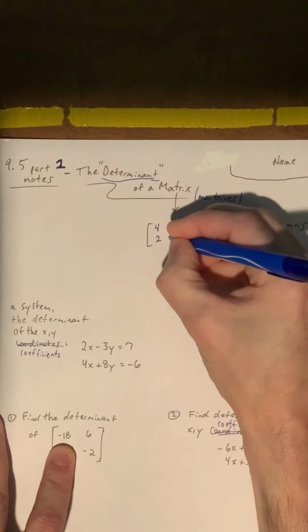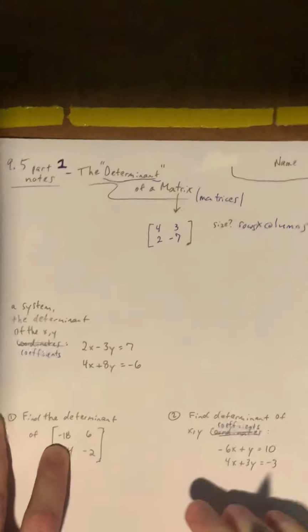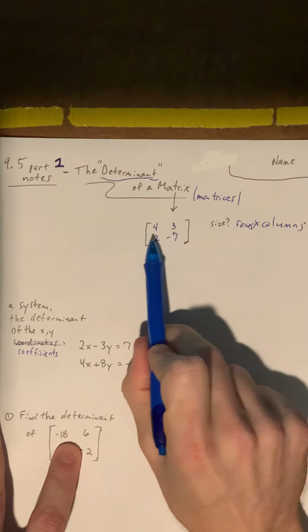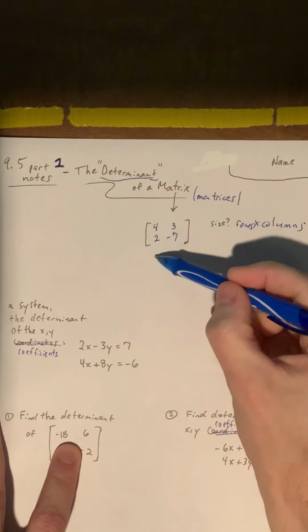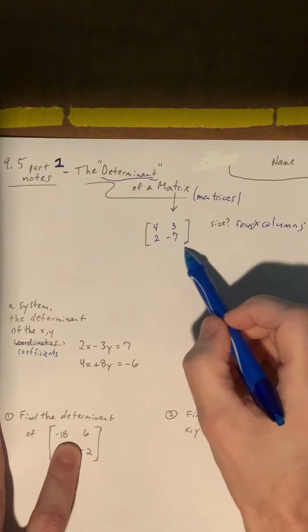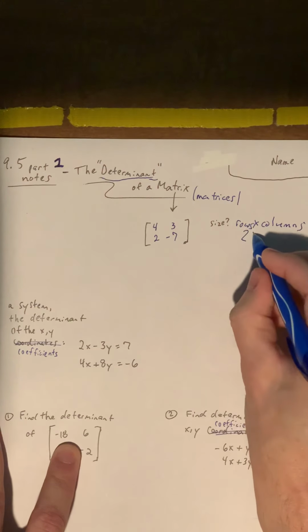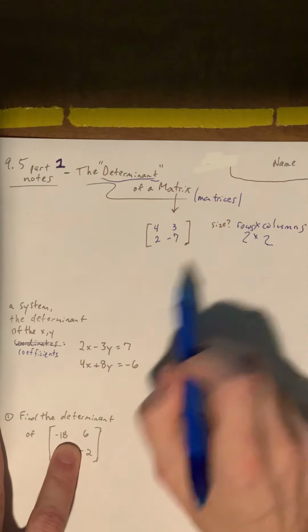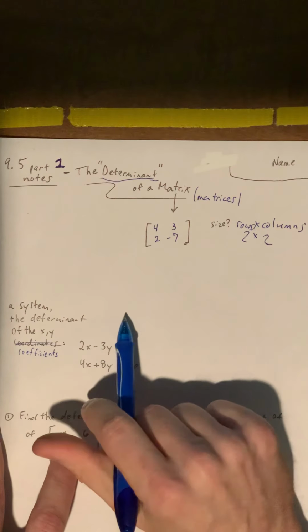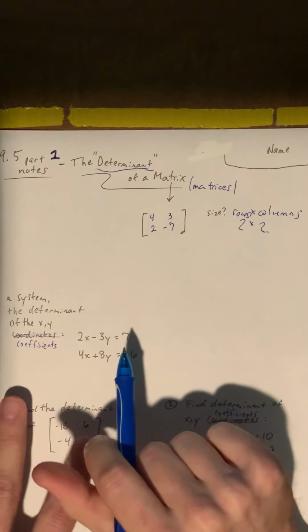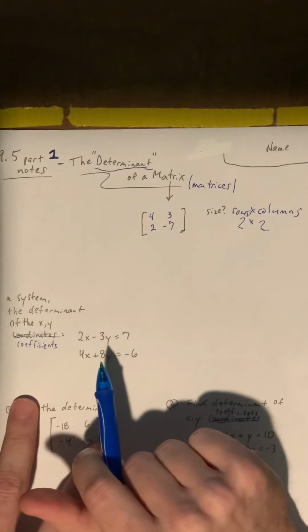Let's have a negative number, -7. Okay, so this is a matrix, and you have 2 rows and 2 columns. So since it has 2 rows and 2 columns of numbers, it is a 2 by 2 in size, okay? You could have a matrix of any size, really. It just depends on how many pieces of data and how you want to organize it.